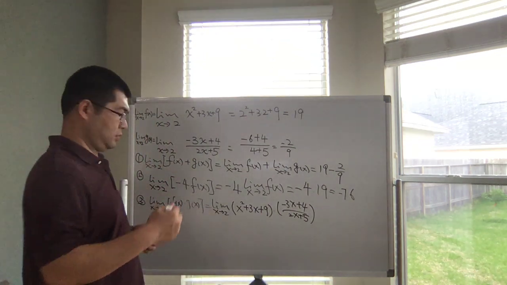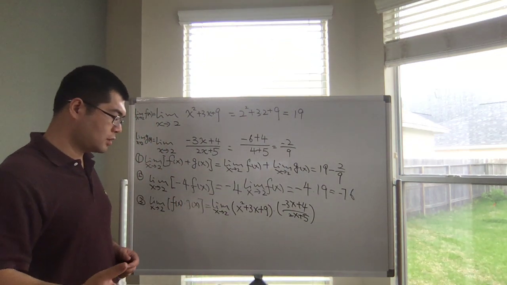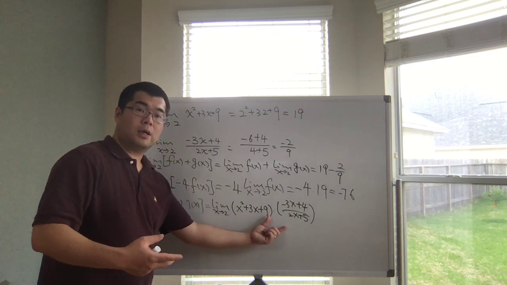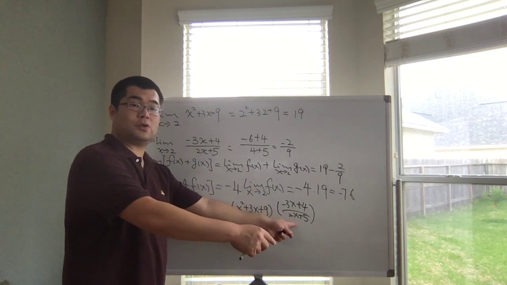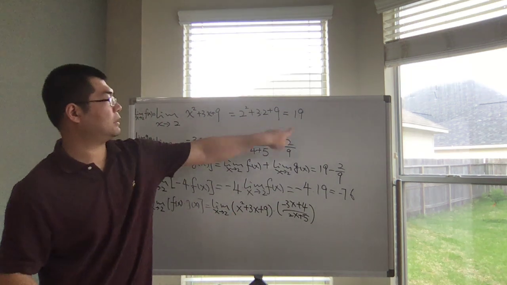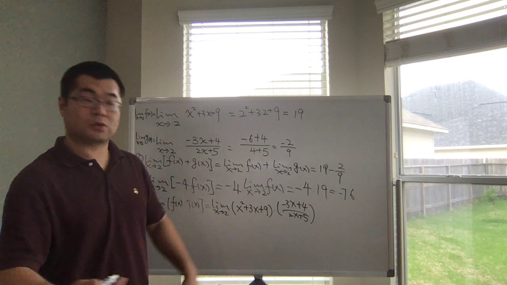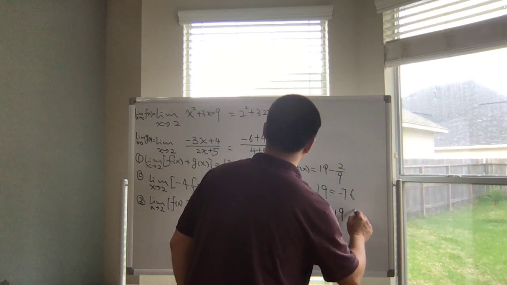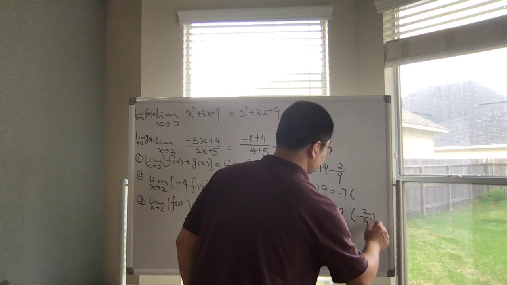Based on the product law, the limit of the product equals the product of the limits of each. We already know the limits are 19 and negative 2 over 9. So this equals 19 times negative 2 over 9.